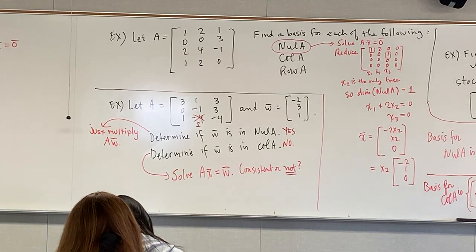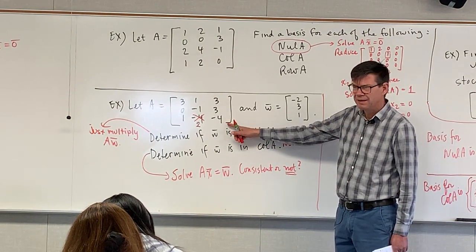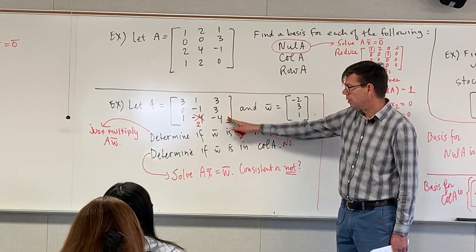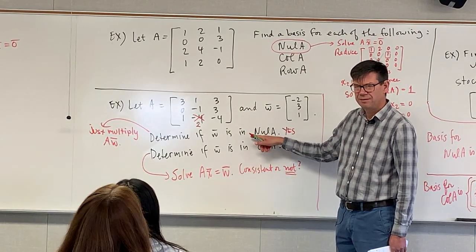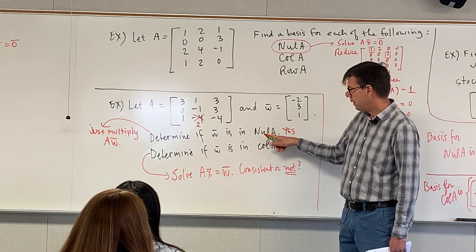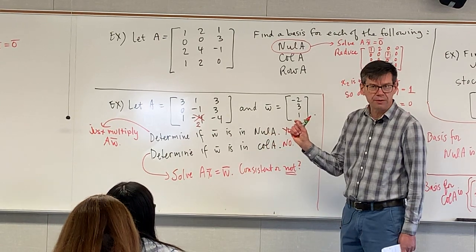What if you just checked to see whether A was invertible or not? If A is invertible, can you answer these questions? If it's invertible, that means null A only includes the 0 vector.